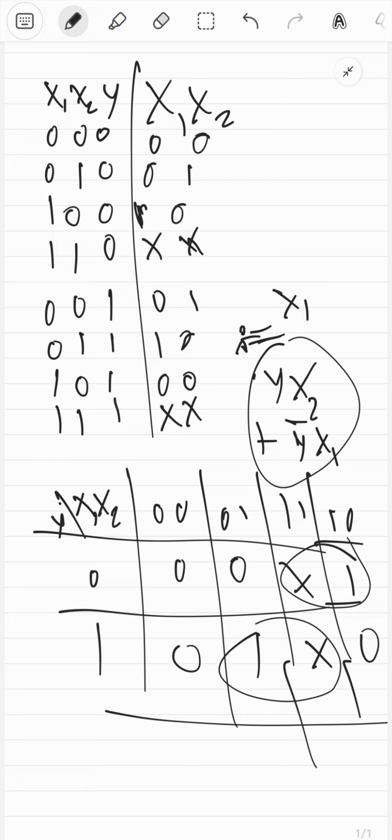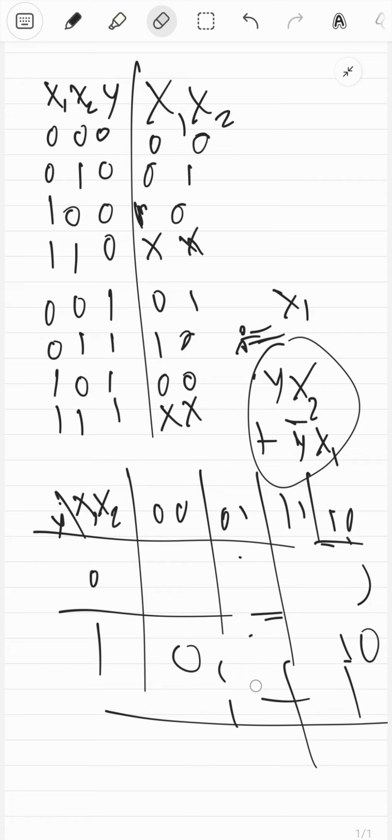So we'll delete all of this. Cool. So this will be 0 1 0 and x, and this will be 1 0 0, and once again don't care. So now you can use this and this.